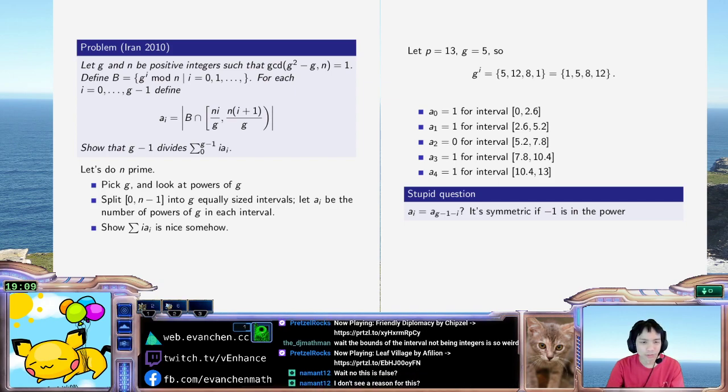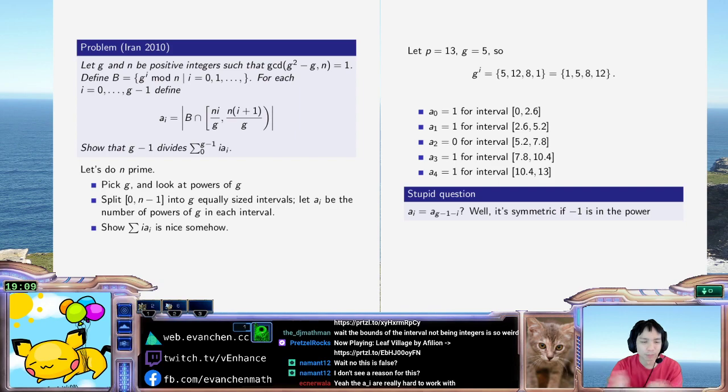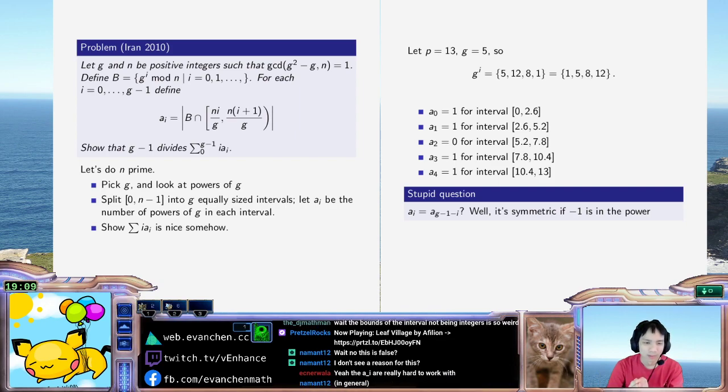If your G hits -1, then you get a mirror image. So then yeah, it just works. Is that right? If it's symmetric, I'm okay.